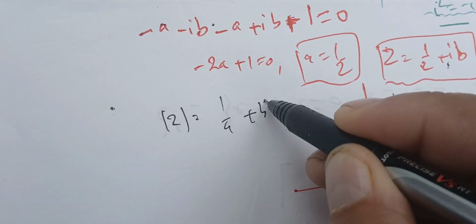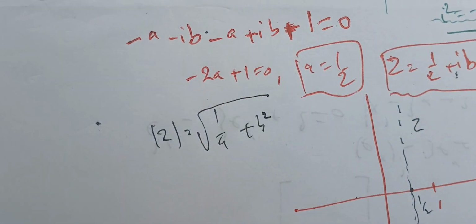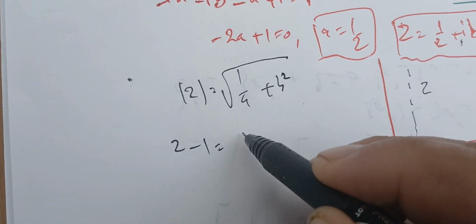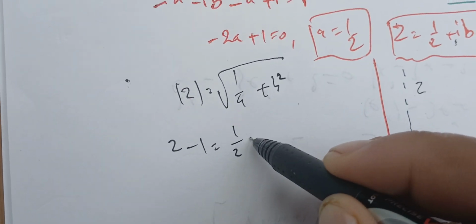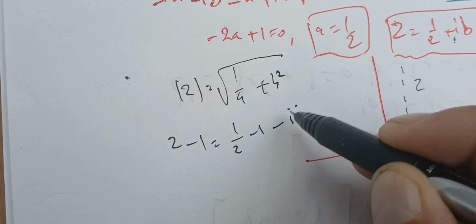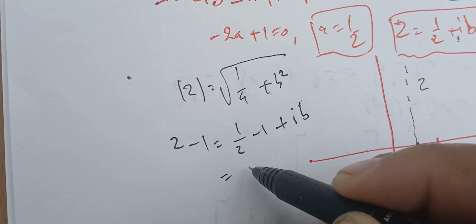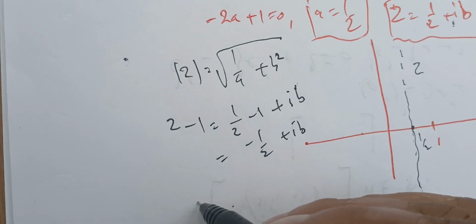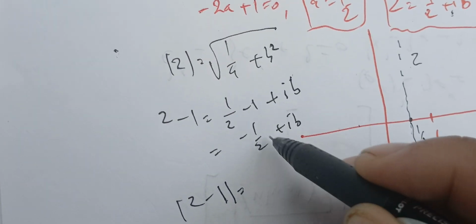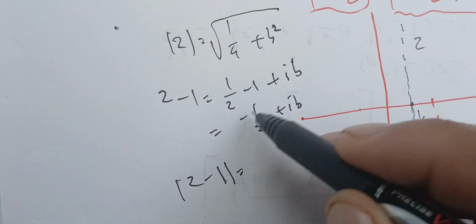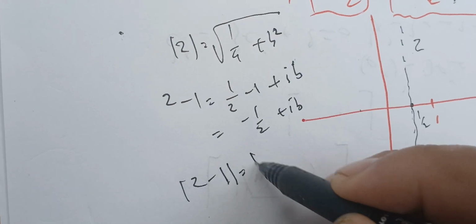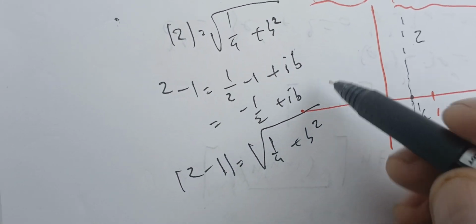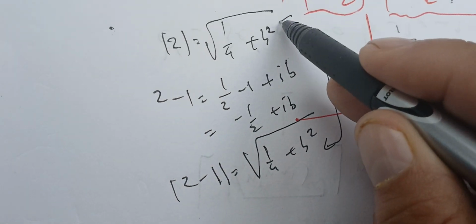the square root of 1/4 plus b squared, and z minus 1, it's gonna be 1/2 minus 1 plus ib, which is minus 1/2 plus ib. And if I take the norm here, the norm is the real part squared plus the imaginary part squared, which gives me the square root of 1/4 plus b squared, and these two are the same.